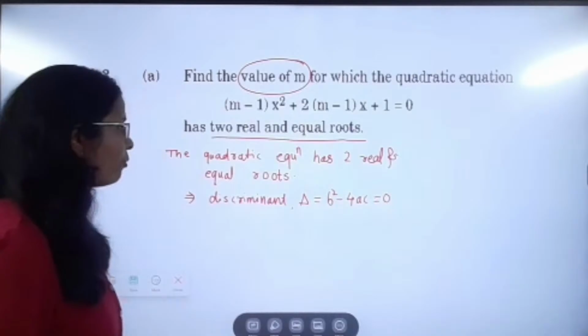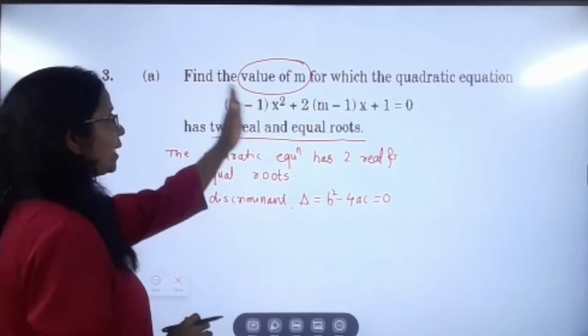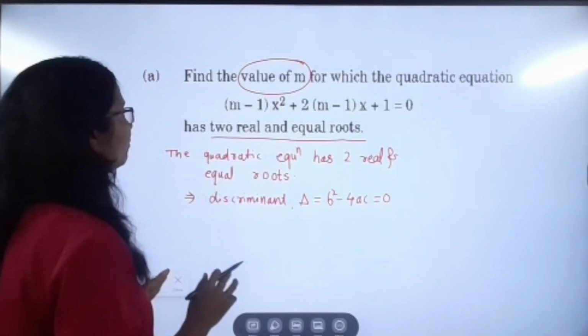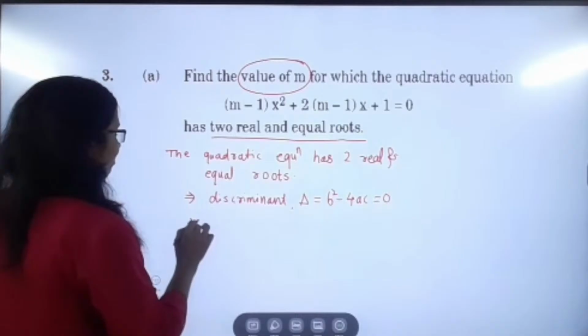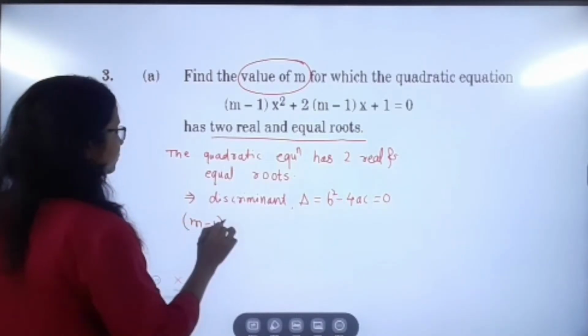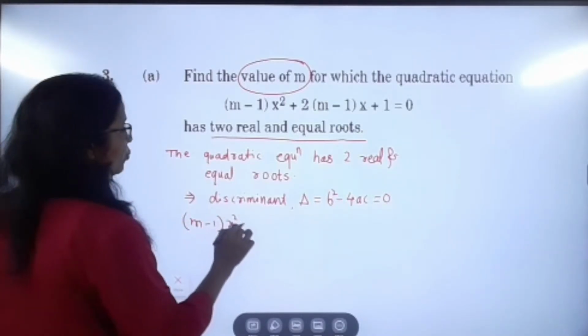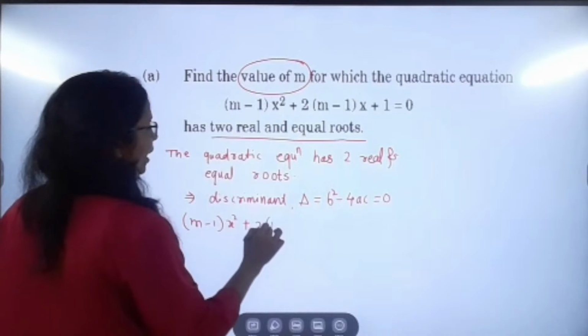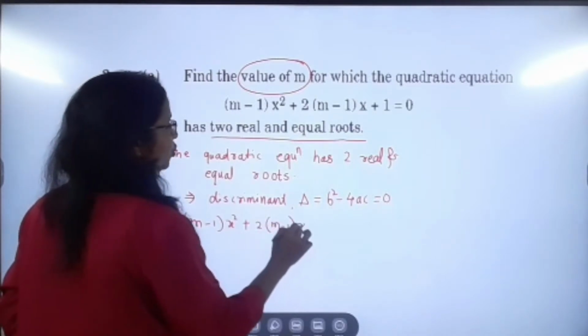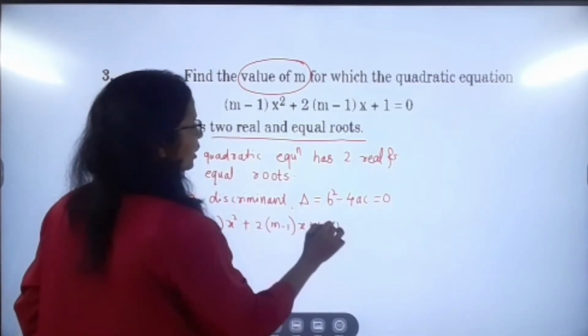Okay, so now here students, the given quadratic equation is m minus 1 into x square plus 2 m minus 1 into x plus 1 is equal to 0.